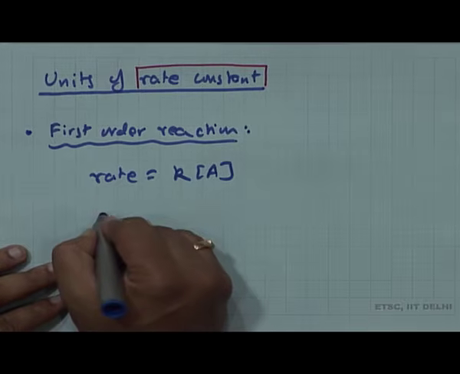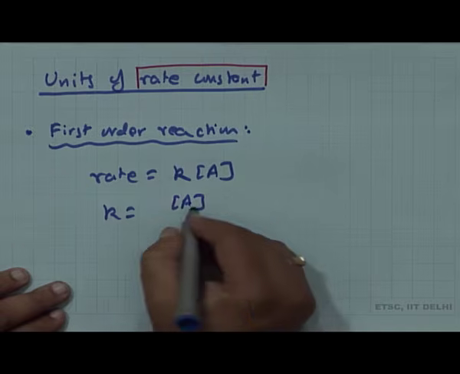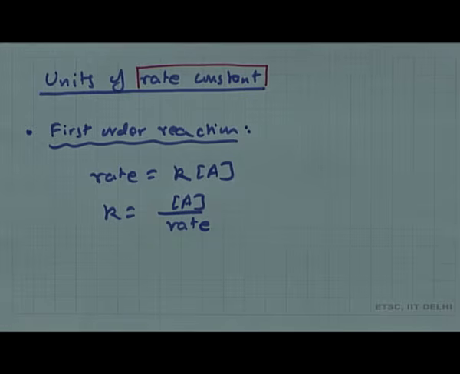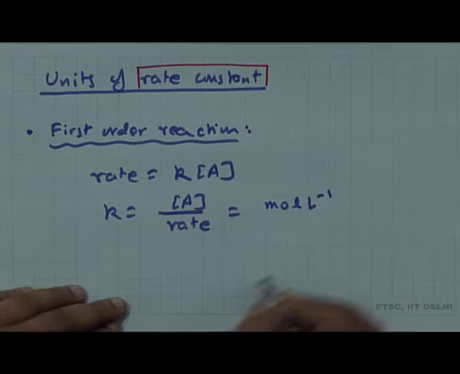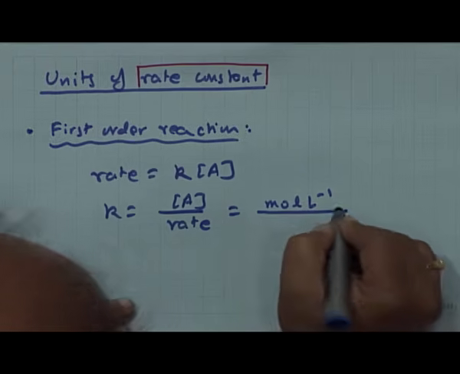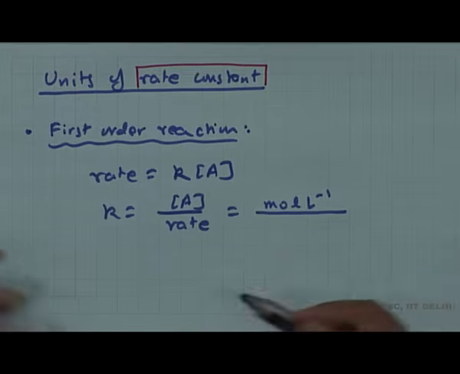So, what is K? Then K is equal to the concentration of A over the unit of rate, right. Now, the concentration of A is expressed in molar concentrations or moles per liter. We know the unit of rate we just derived before, it is what, sorry, I am extremely sorry, I just had it reversed.